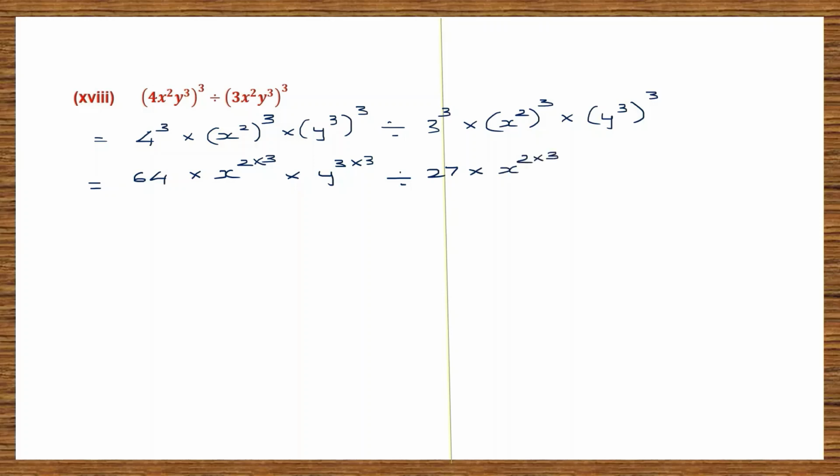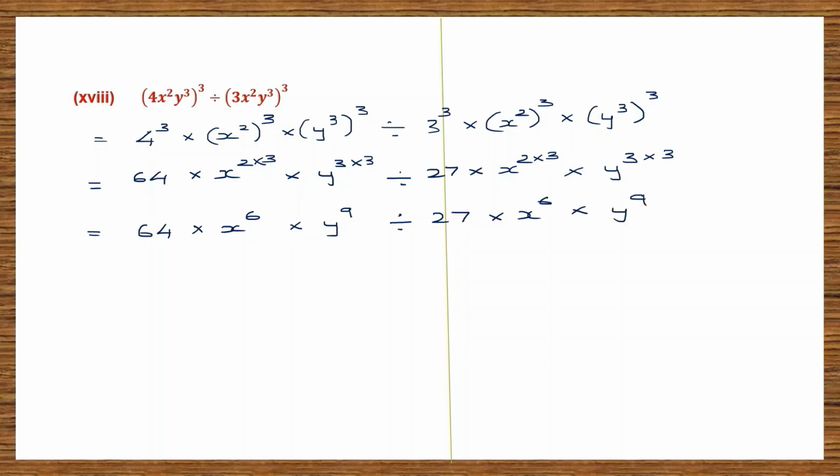When it's raised to another power, you multiply it. y raised to the power of 3 into 3. So what is all this? Let's see. This is 64 into x to the power of 2 into 3, 2 3s are 6, into y to the power of 3 3s are 9, divided by 27 into x to the power of 2 3s are 6 into y to the power of 3 3s are 9.